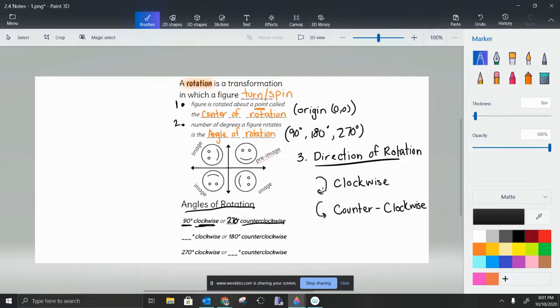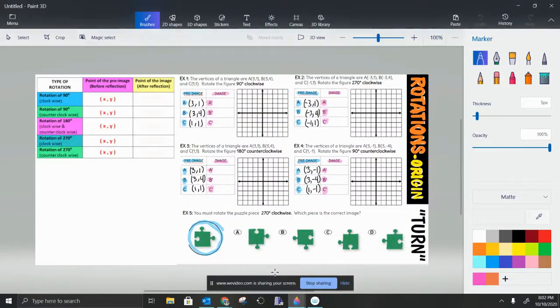I'll explain it to you further here in a little bit, okay? 180 degrees clockwise is the same as 180 degrees counterclockwise. Even though they're different directions, they create the same image or the same new shape. And then finally, we have 270 degrees clockwise is the same as 90 degrees counterclockwise. So like I said, we'll talk more about that on the second page.